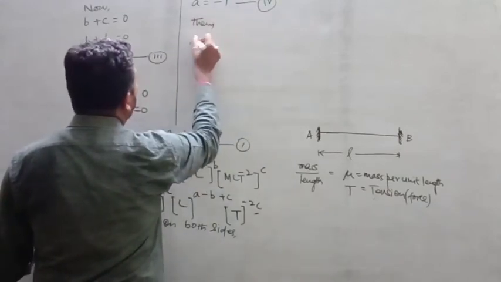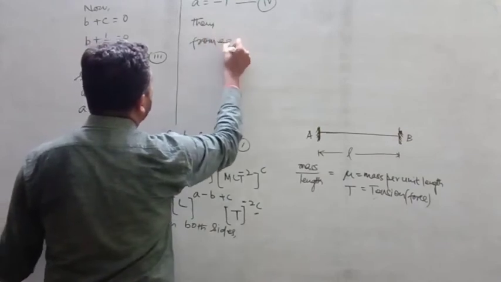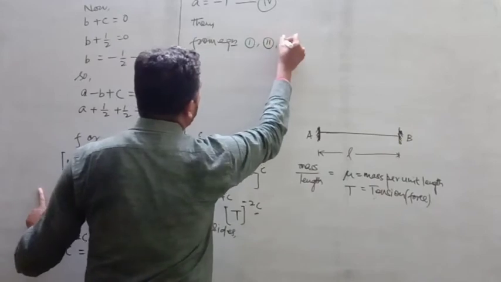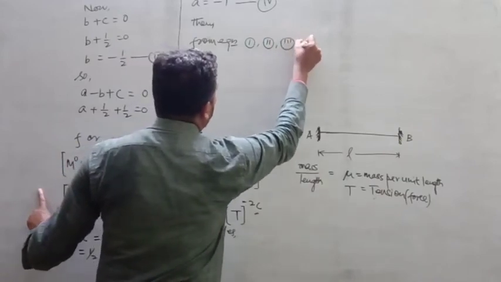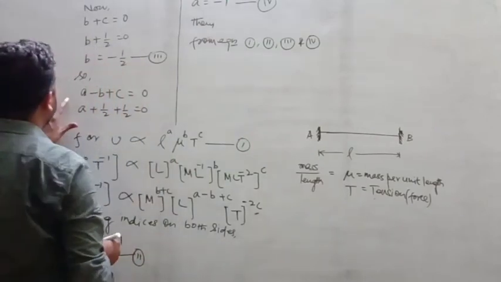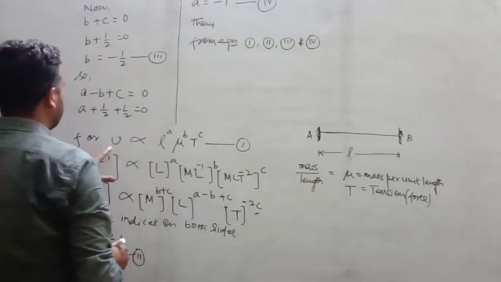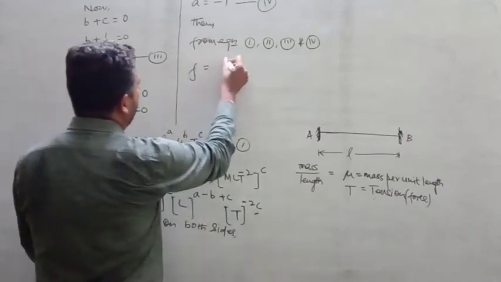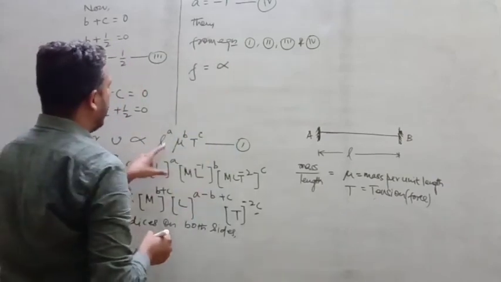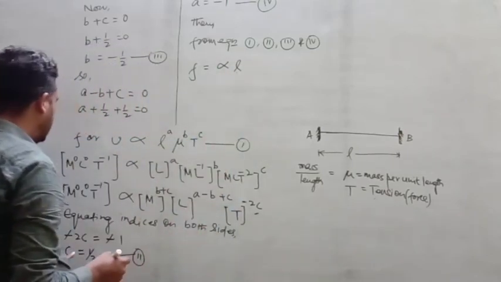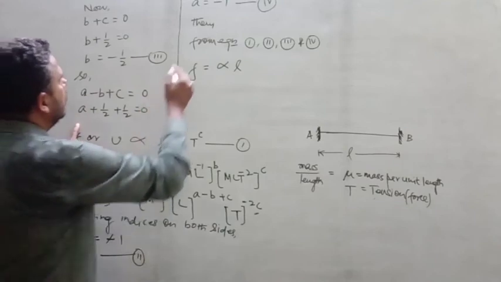Then from equation number 1, 2, 3 and 4, what happens? First one is that your frequency f is proportional to L to the power a. So how much is a? Here minus 1.